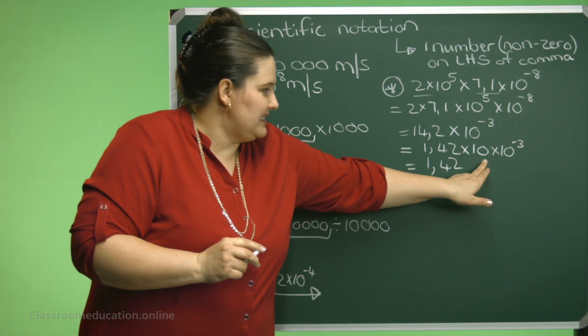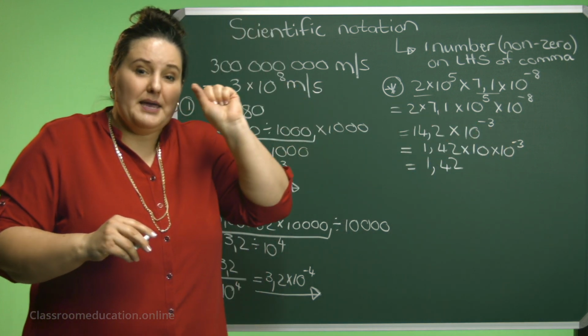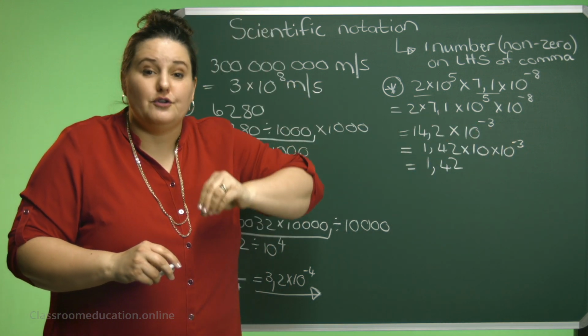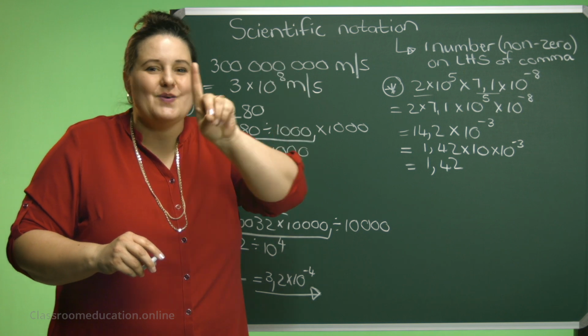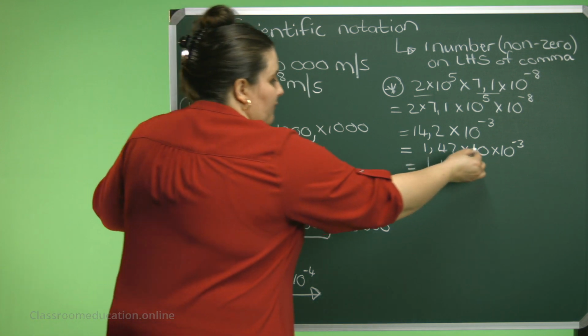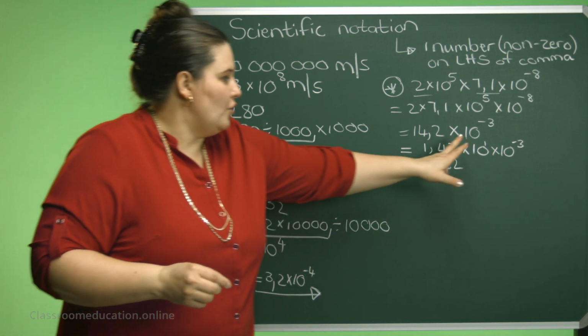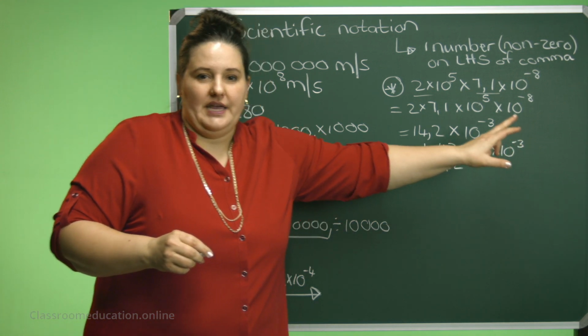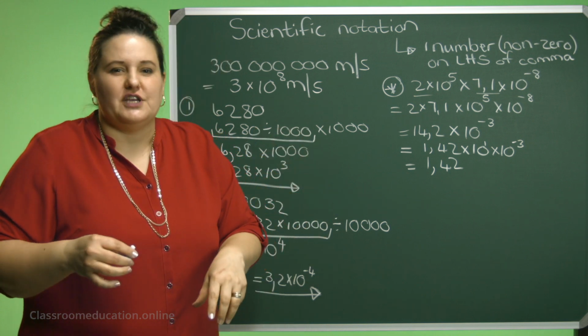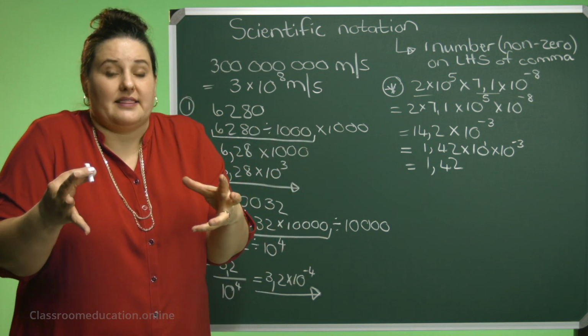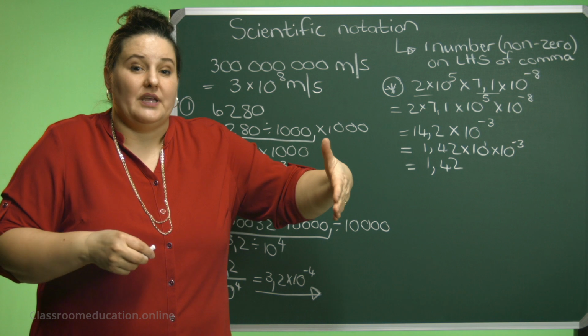And now bases are the same. They are being multiplied. What do you do with your exponents? You add them. Careful. There is an exponent to the power of 1. And 1 minus 3, I know it's confusing. You might say, but we add them, and now I say -3.